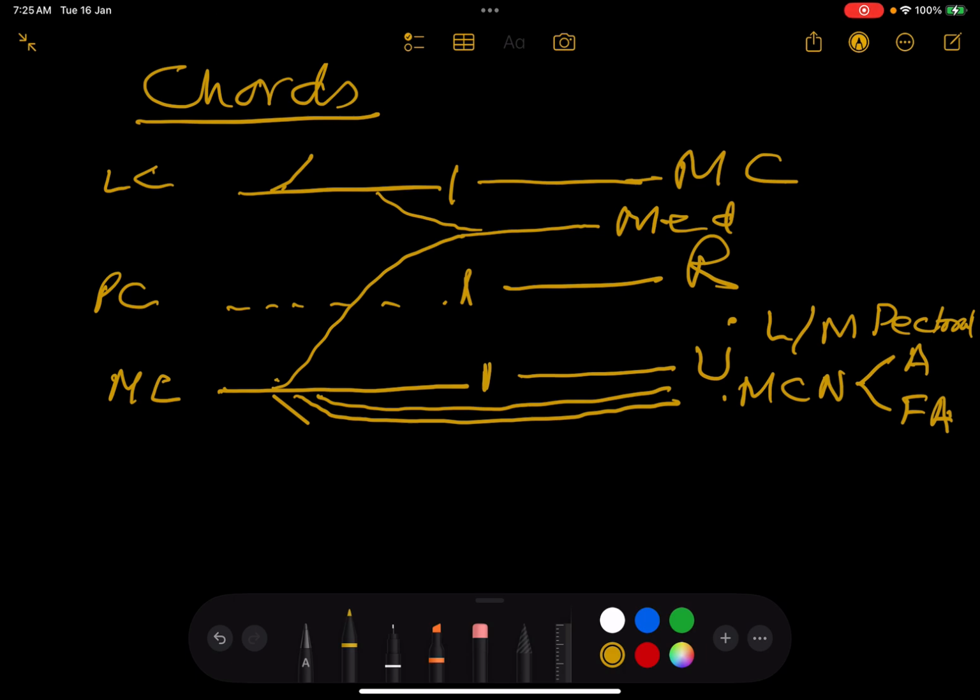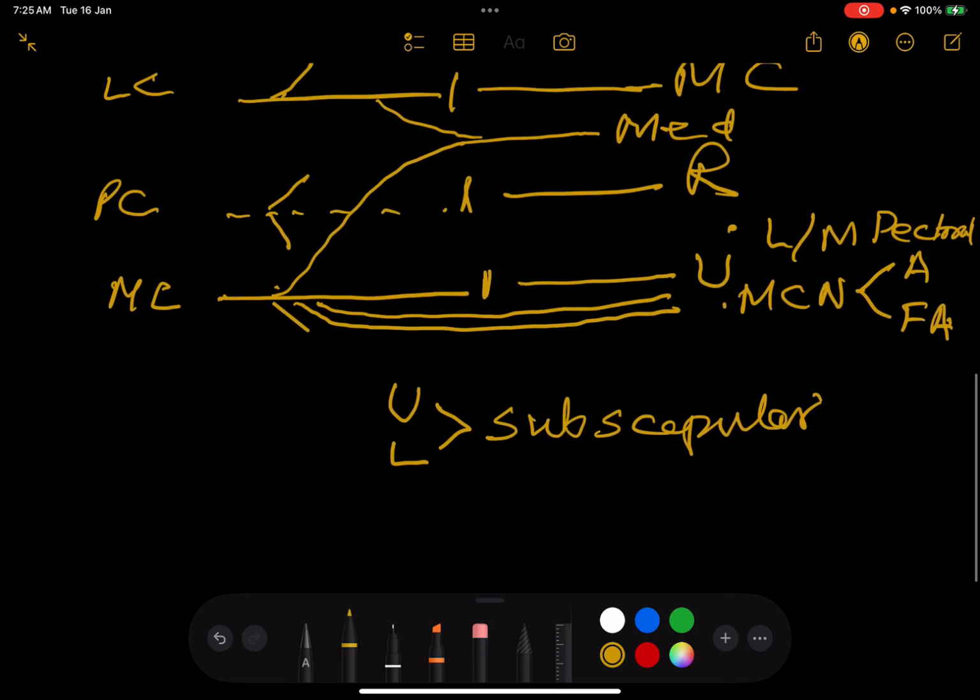And from the posterior cord, we place the upper and the lower subscapular, supplying the subscapular muscles, the nerve to latissimus dorsi, and the axillary nerve.